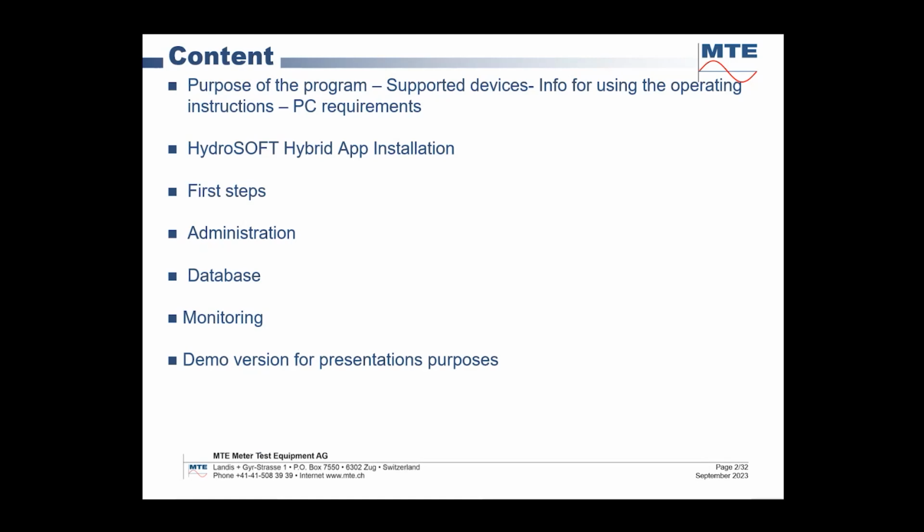The administration part is about how to set the languages and how to use the license keys. Then I will speak about the database, how to create a type of device, how to create a device, how to create the network.